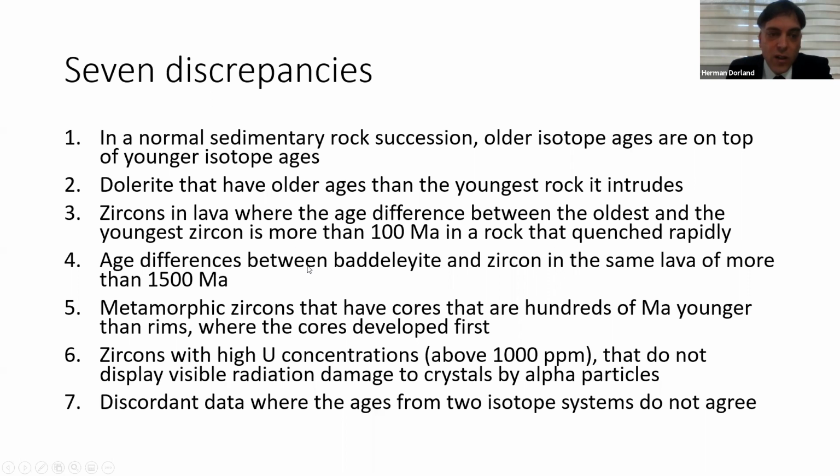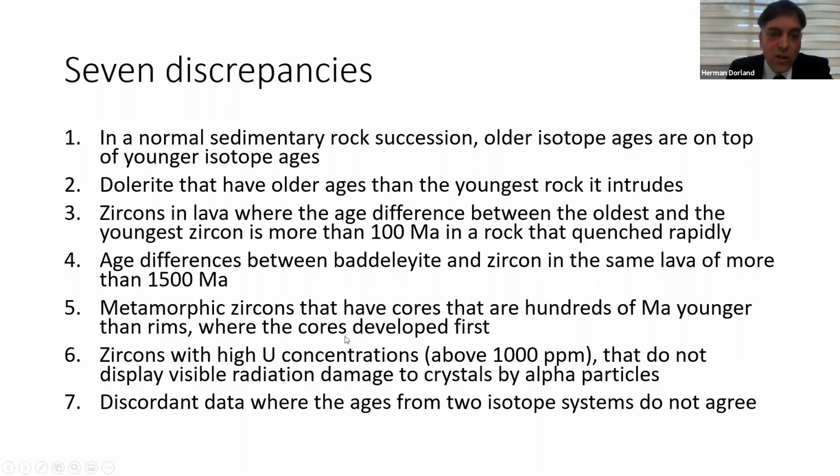We have looked at lavas with 2 different mineral systems, pedalite and zircons, where the crystallization ages are more than 1,500 million years different in rock that quenched almost instantaneously. I've shown metamorphic zircons where we know that the core is older than the rim geologically, where it's inverted isotopically, the rim is younger than the core.